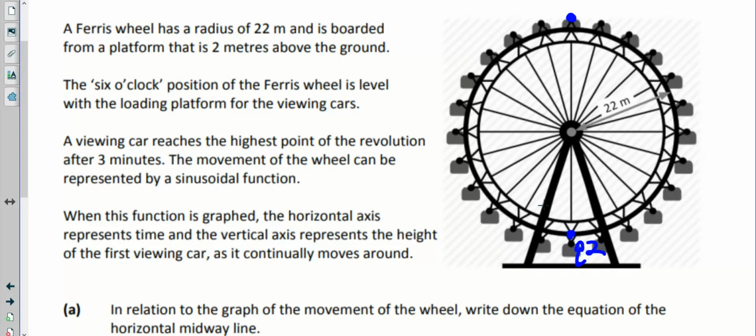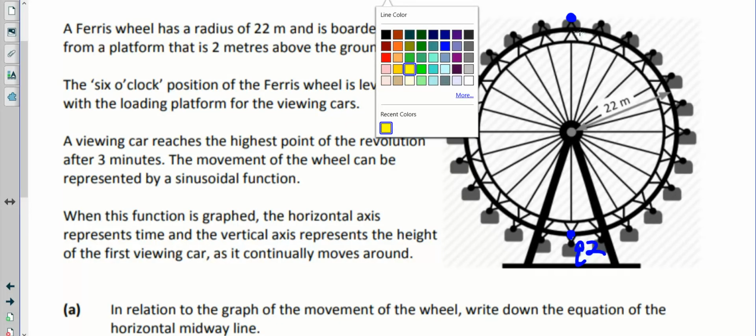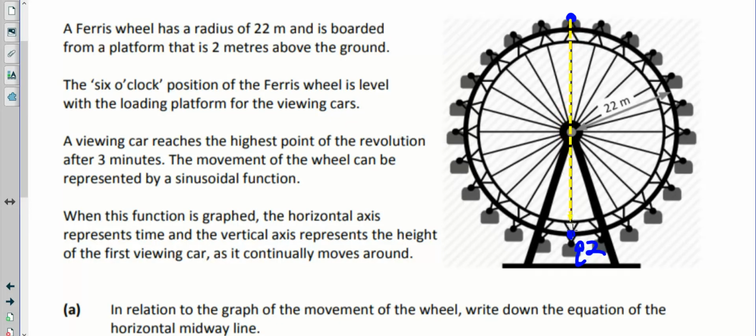At the very top, it's 44. The diameter is 44, isn't it? Would you all agree the diameter from here to here is 44? And what's 44 plus 2? 44 plus 2 is 46. 46 meters is your top height.